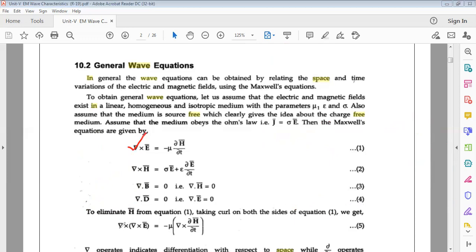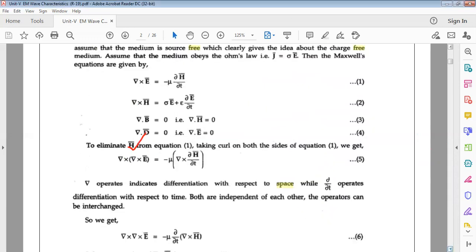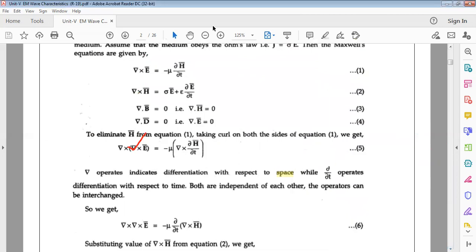Del cross del cross E bar is equal to minus mu, a constant, del cross dou H bar by dou T. The del operator indicates differentiation with respect to space, while dou by dou T operates differentiation with respect to time.